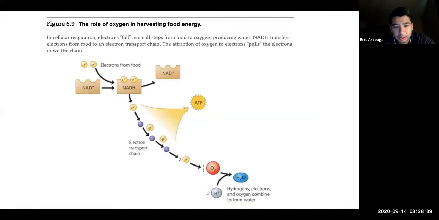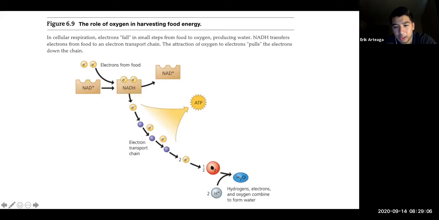But essentially what happens is you have these NADHs that come, the NADs come, they rip the electrons off of the different glucose molecules or the different glucose molecule pathways, and they will dump their electrons onto this electron transport chain. So what happens?